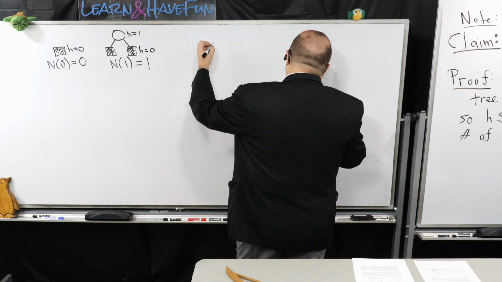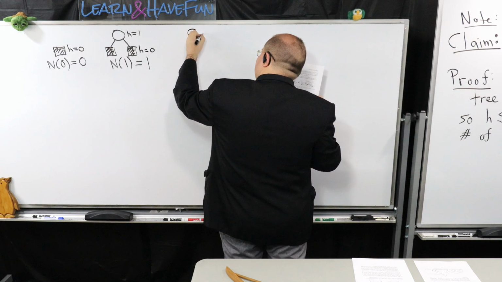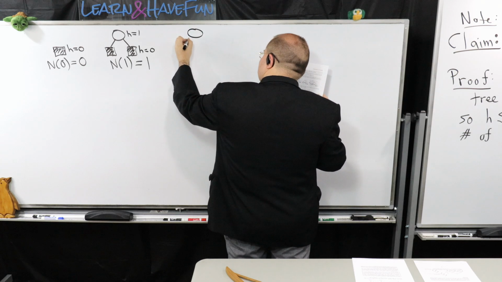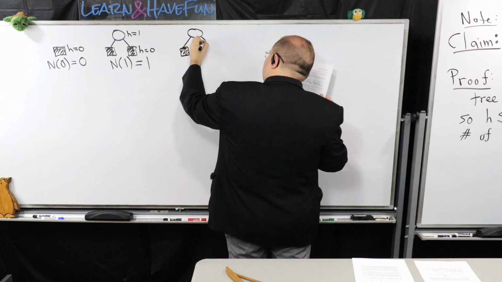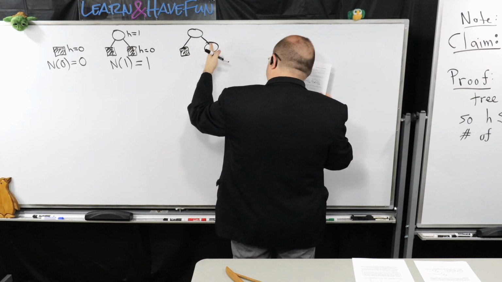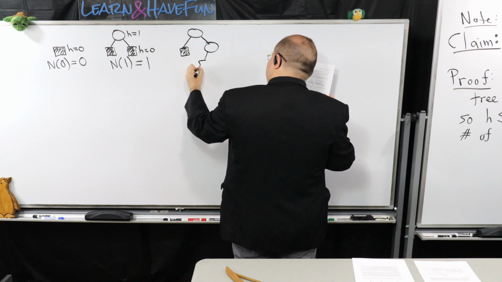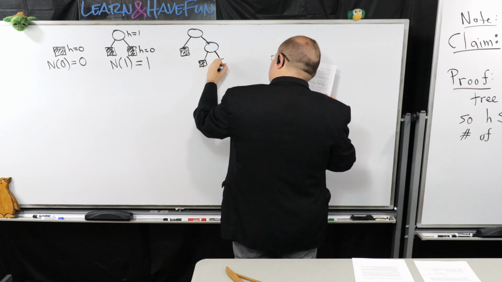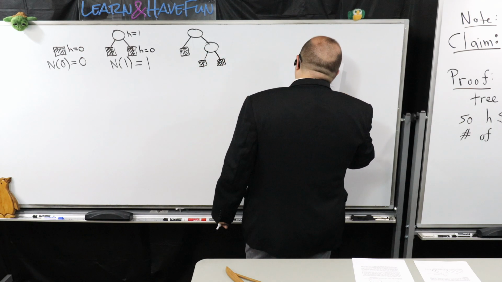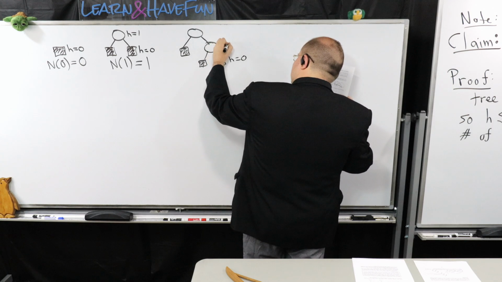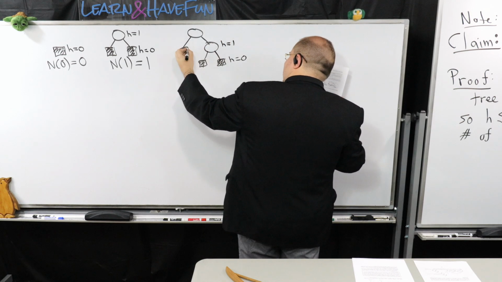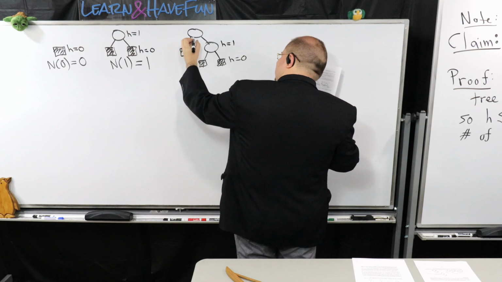Let's try doing that. So I'm going to start off with a root here. I'm going to have a leaf node, and I'm going to push one internal node just right about here. Now these, of course, are of height 0, right? This node has height 1. This has height 0, right?